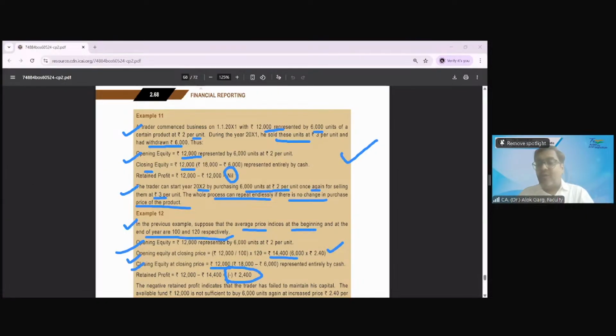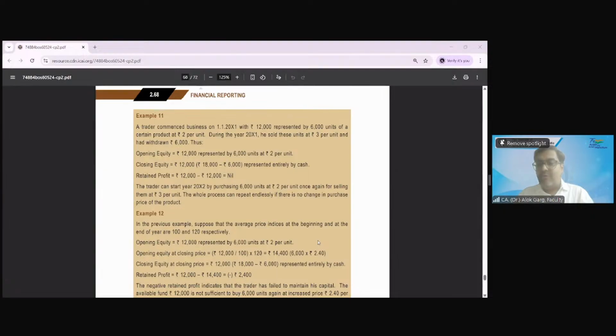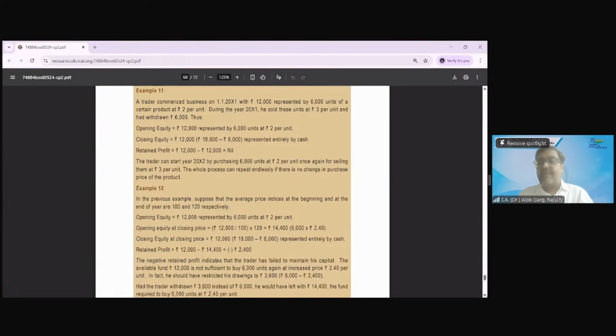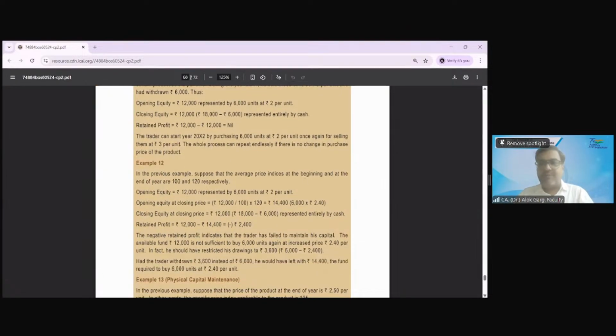Technically speaking, nominal value, looking at the number, you are saying, sir, I am able to maintain my 12,000 rupees of capital. Is it? Considering the purchase price, are you able to maintain? Answer is no. Why? Your purchase price has gone up, your quantity will reduce, right? So in this case, you have a negative capital of 2,400.